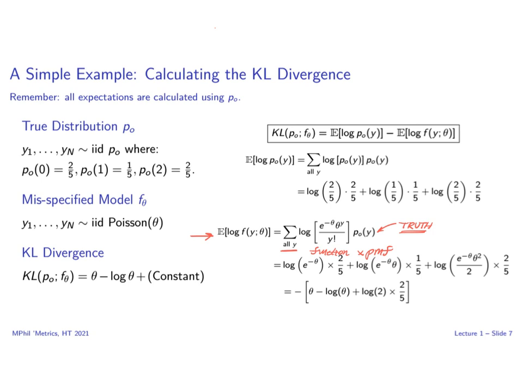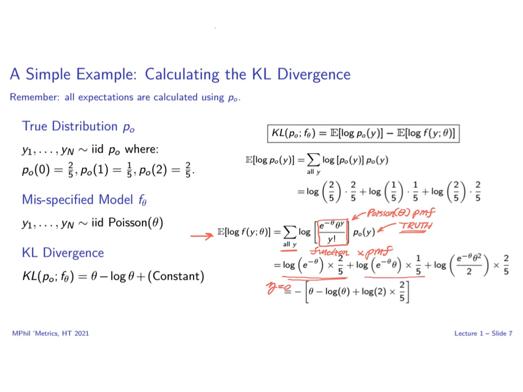So we have the log of f. Now what is f? f is our model, and that is a Poisson distribution. So f of y is e to the minus theta times theta to the y divided by y factorial. Substituting in y equals 0, we obtain the log of e to the minus theta multiplied by p naught of 0, which is 2/5.